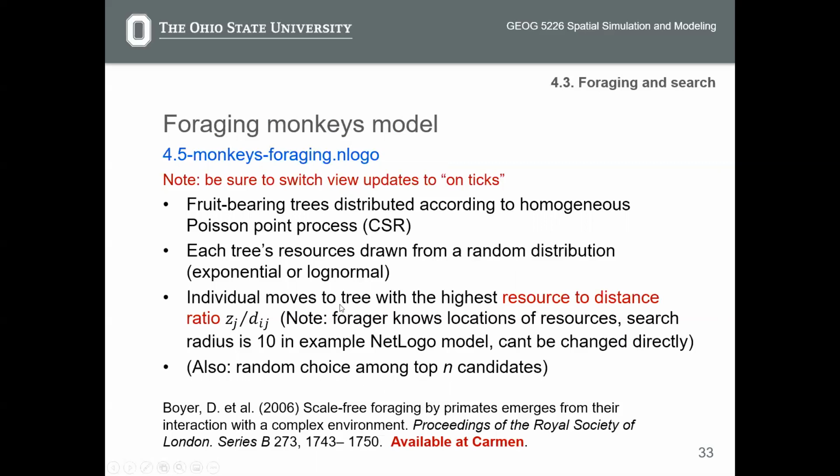Okay, and for this model in NetLogo, the forager knows the locations of resources, which means that within the search radius, which is 10, after each step, you will always see new locations.